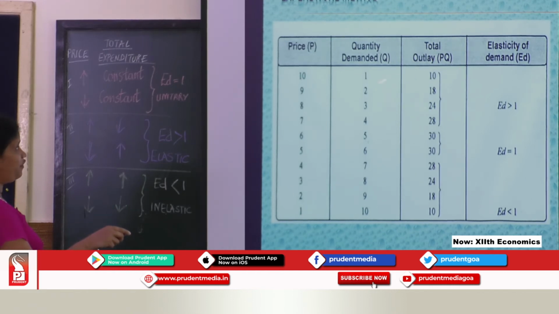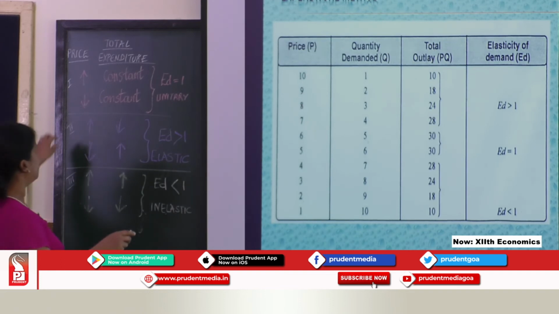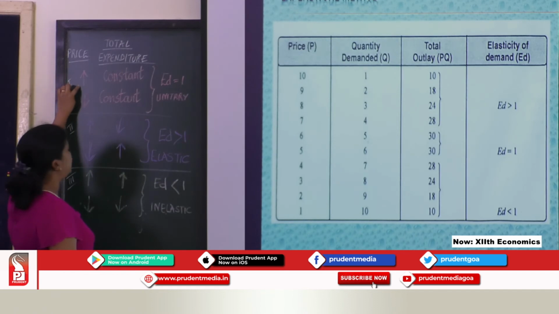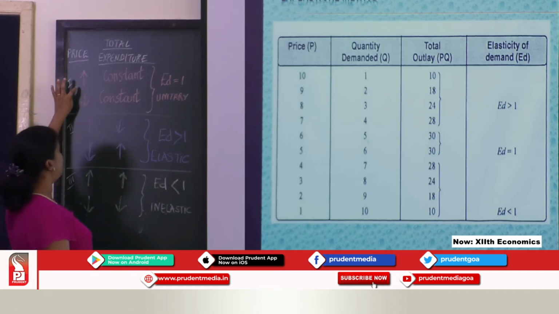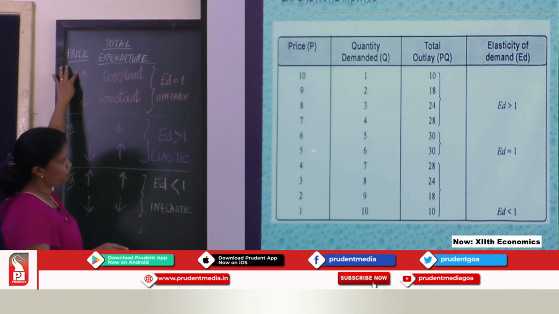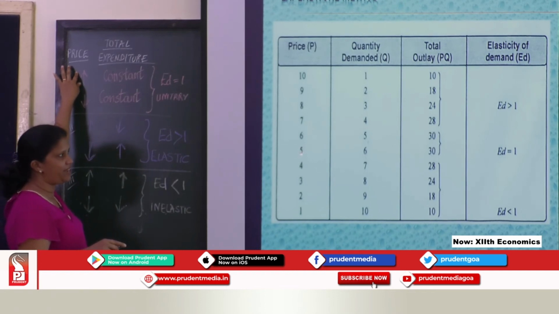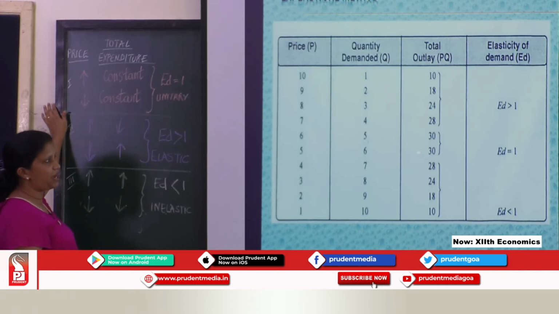Now, let us look at the first situation, price increases. For example, look at price 5 and look at price 6. Price has increased from 5 to 6, because of which quantity demanded decreases from 6 to 5. How much was the expenditure when the price was 5 rupees? Expenditure was 30 rupees.